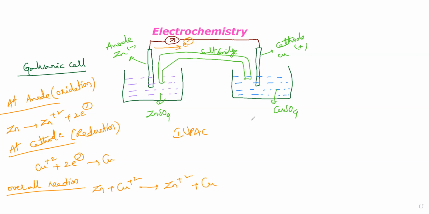This entire galvanic cell is represented by Zn is converted into Zn+2. The double slash line represents salt bridge. And Cu+2 is converted into Cu. This is a galvanic cell.